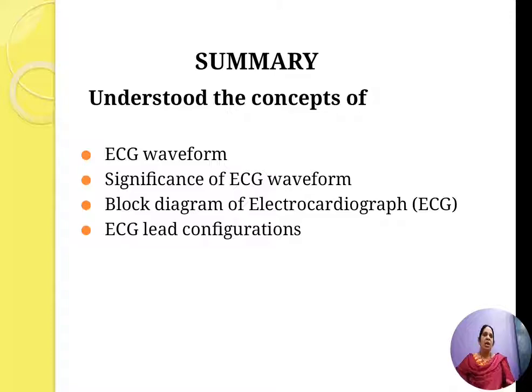Its duration is 0.07 to 0.1 second, and its amplitude is 1.6 millivolts. Then the T wave, its origin is ventricular repolarization and its duration is 0.05 to 0.15 second. Its amplitude is 0.1 to 0.5 millivolts.